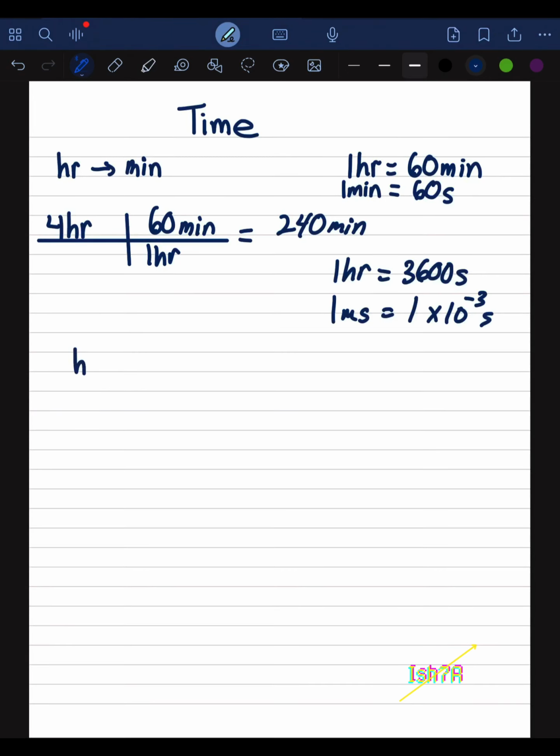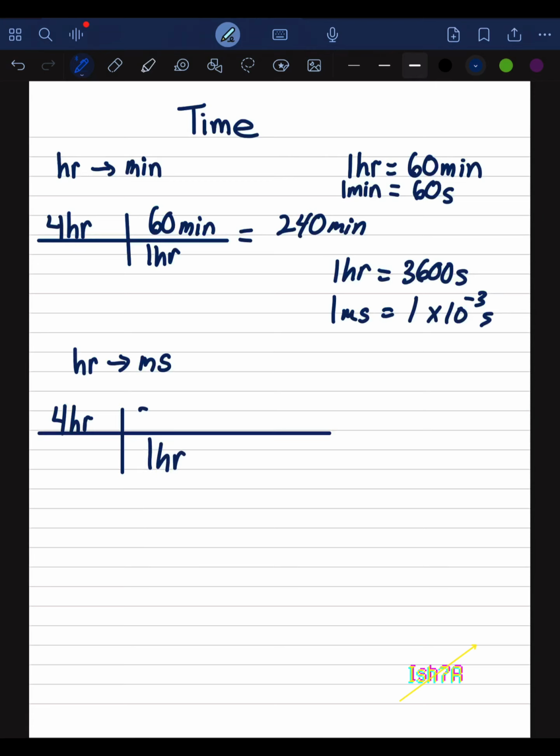And let's go from hours to milliseconds, knowing that in every hour there is 3,600 seconds, and that in every millisecond there is 1 times 10 to the power of negative 3 seconds. If we begin with 4 hours, we can convert that to seconds.